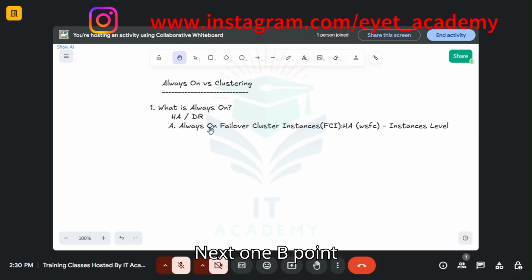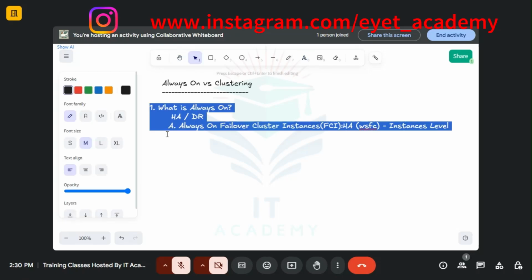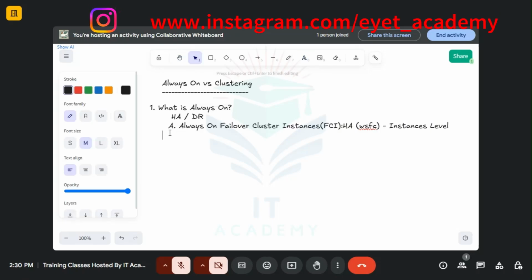Next one, B point: Always On Availability Groups.